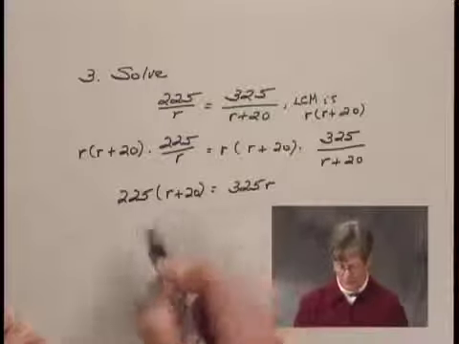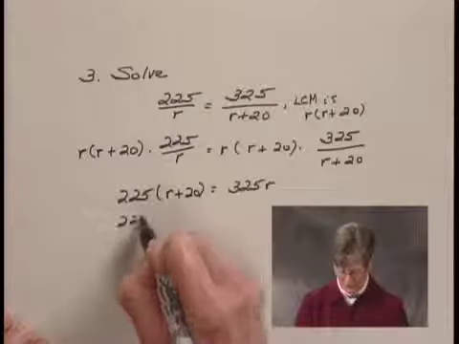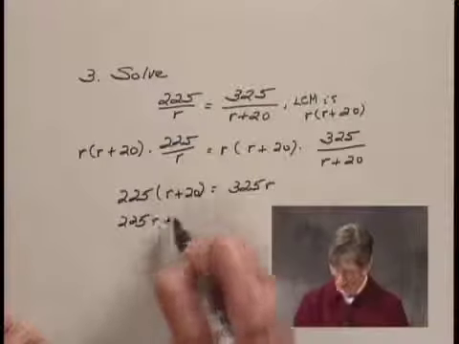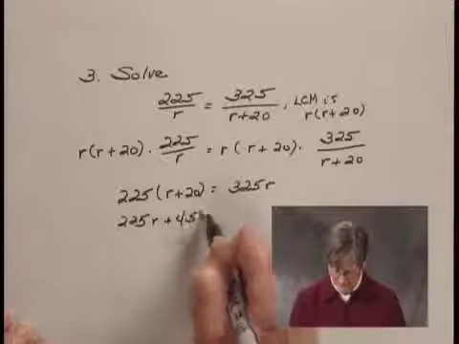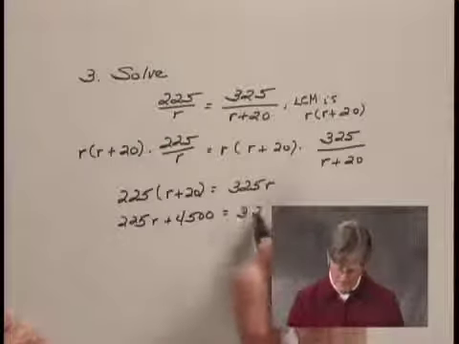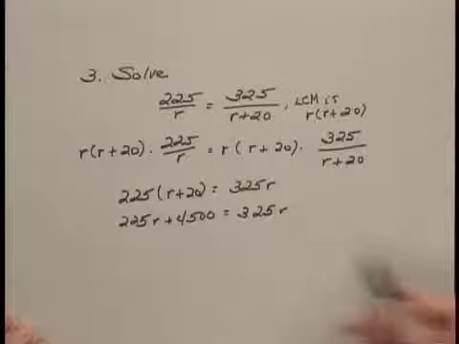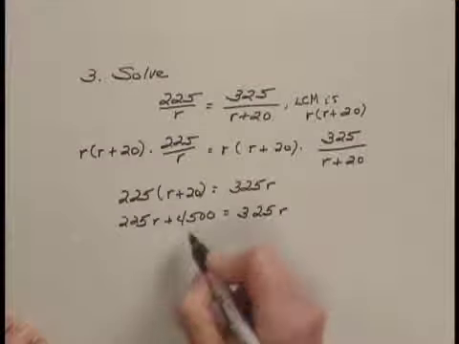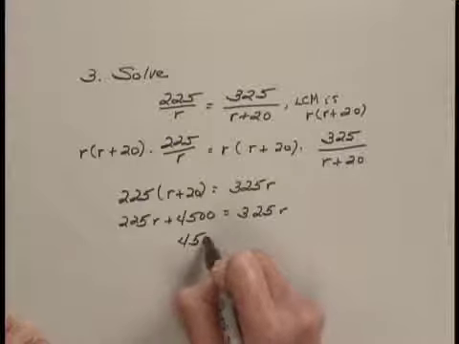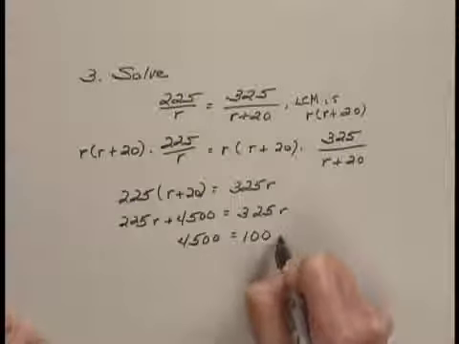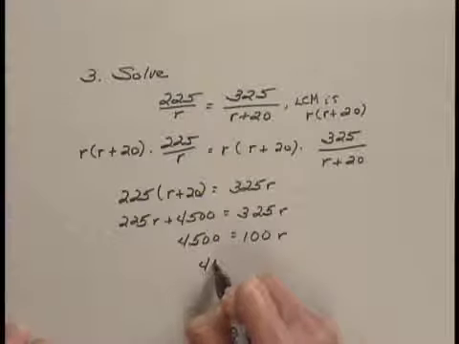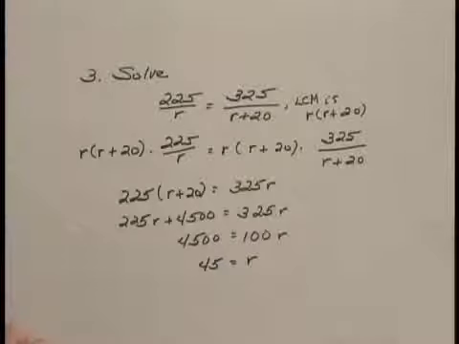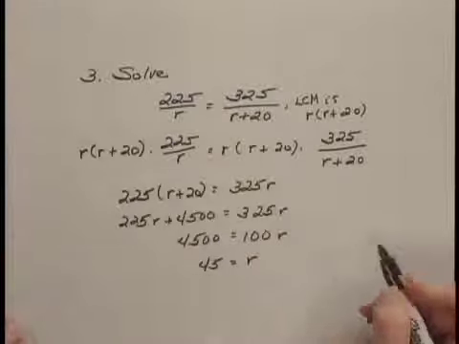I'll remove the parentheses here. We have 225 R plus 4,500 is equal to 325 R. I'll subtract 225 R on both sides, and we have 4,500 equals 100 R. And then dividing both sides by 100, we have 45 equals R. So R would be Marilyn's speed.